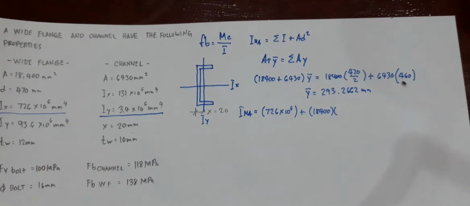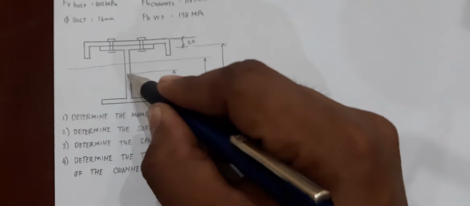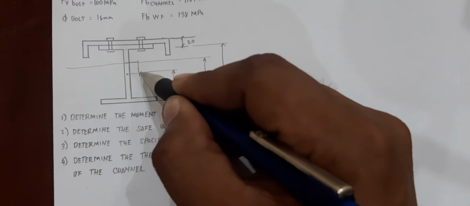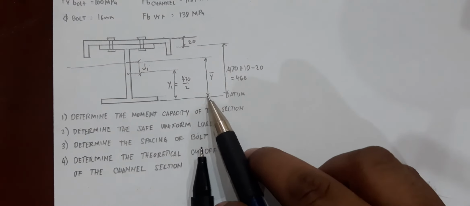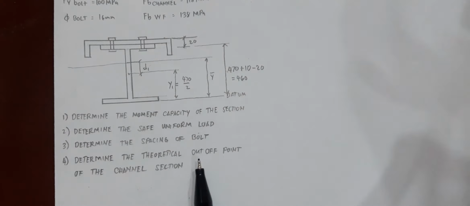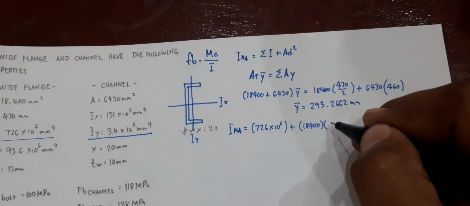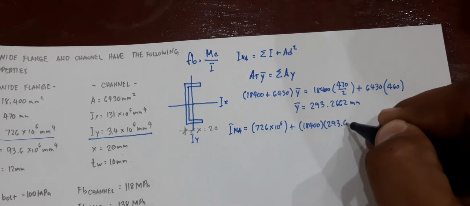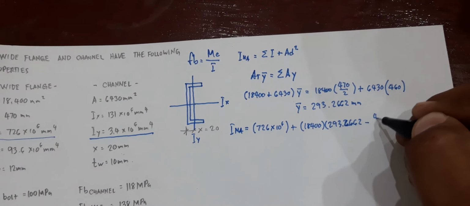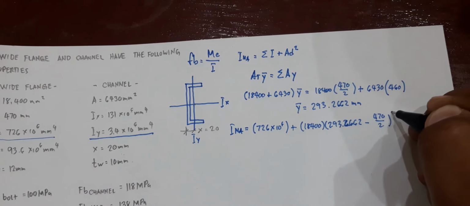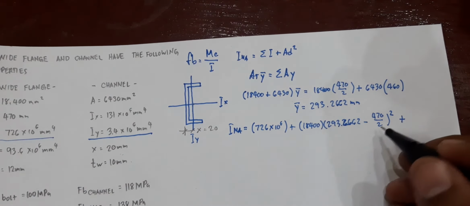Again, d is the distance from the centroid of your section to the neutral axis. So this one is your d1, calculated as barred y minus y1, then take the square. Going back, you would have 293.2662 less 470 over 2, squared, plus. This ends your wide flange section.